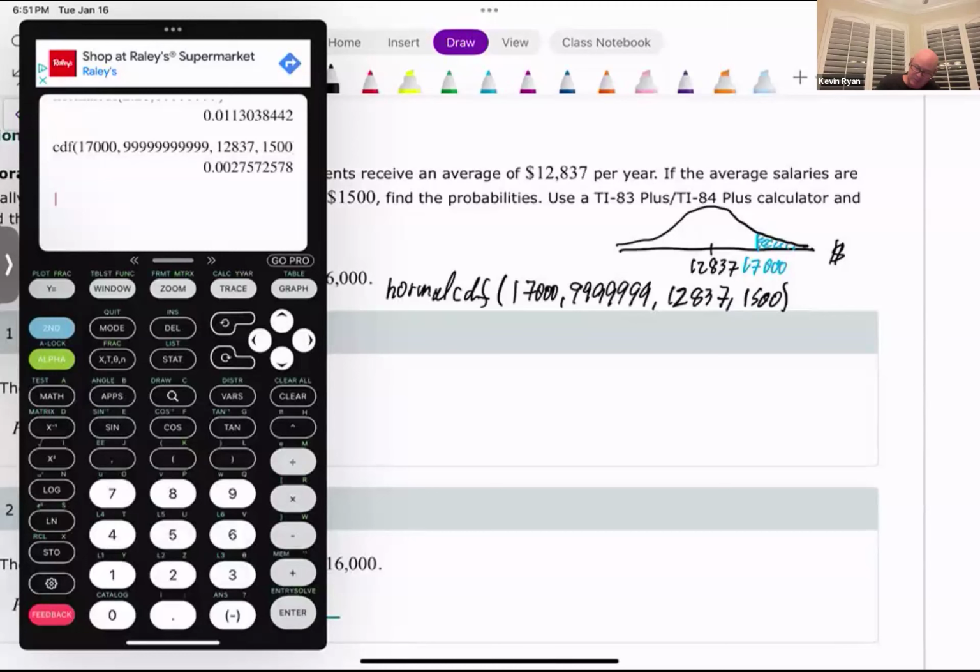But not very many are making more than $17,000. In fact, less than 1%.